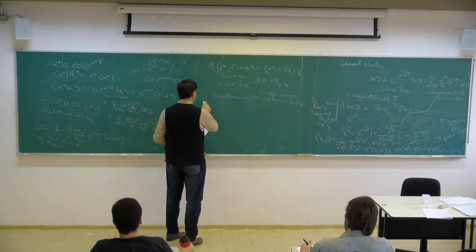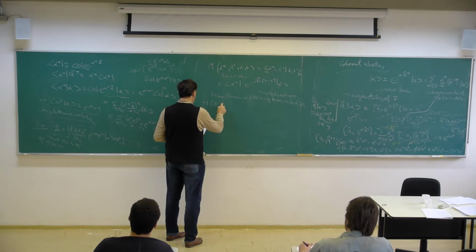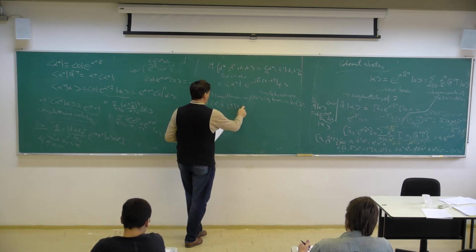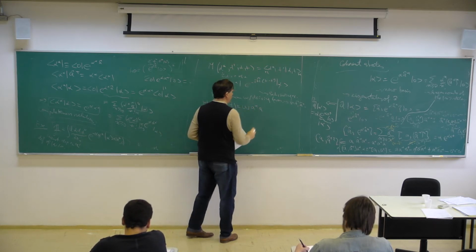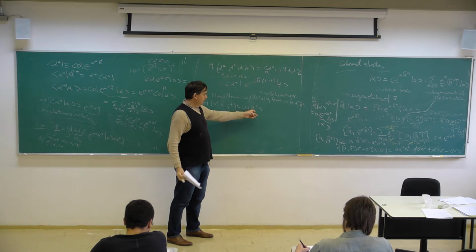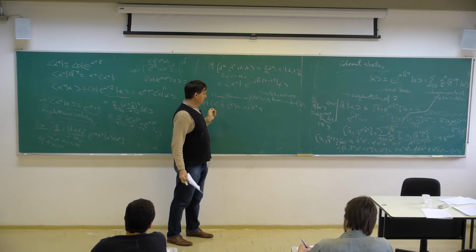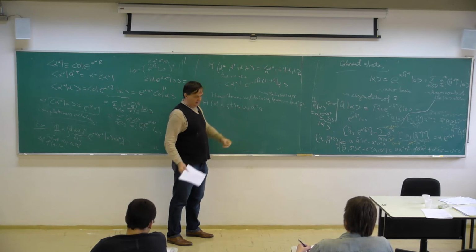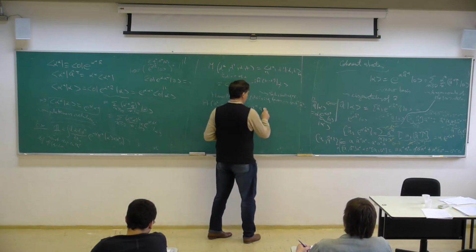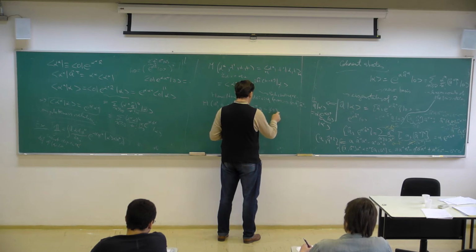So I will write H of A dagger, A and t as being the Hamiltonian in the absence of driving, omega A dagger A, minus forces: J of t for A dagger, and J bar of t for A.